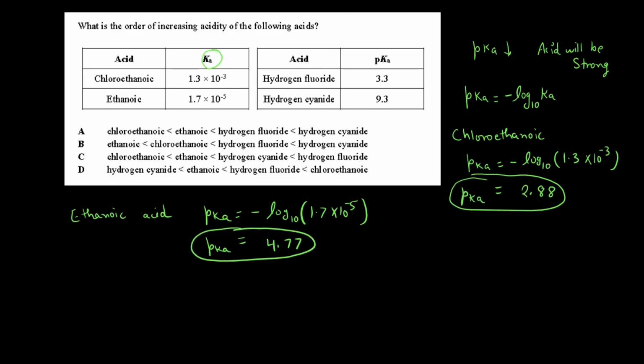So the one which has the lowest pKa will be the strongest acid. So we saw that chloroethanoic acid is the strongest.